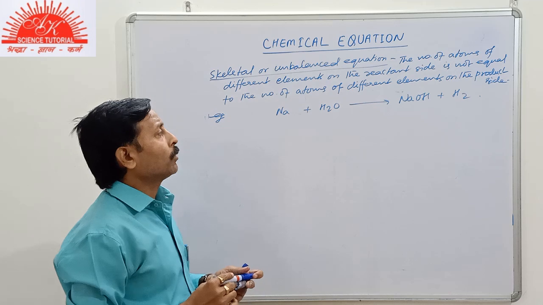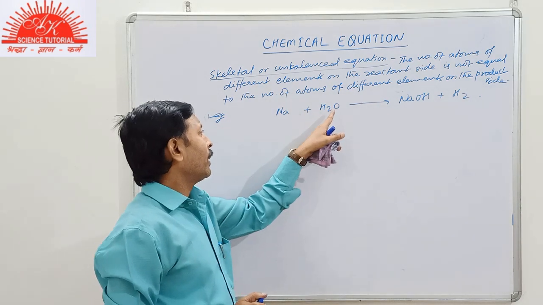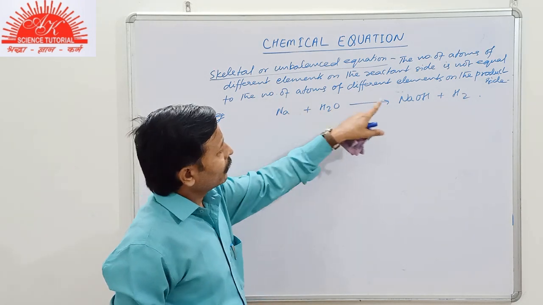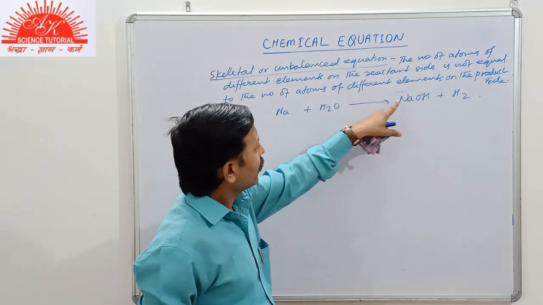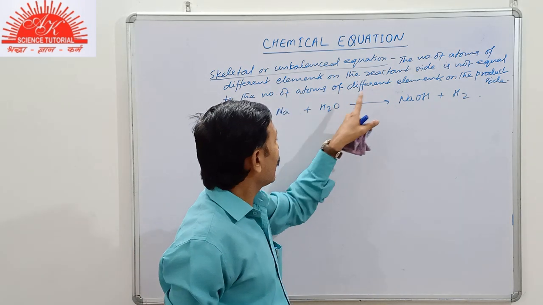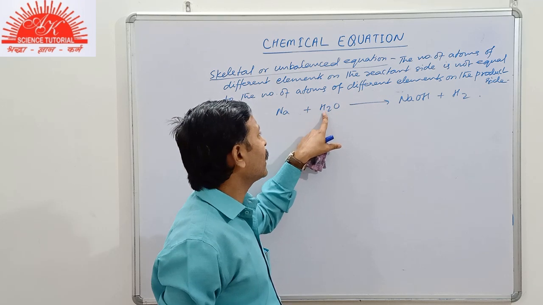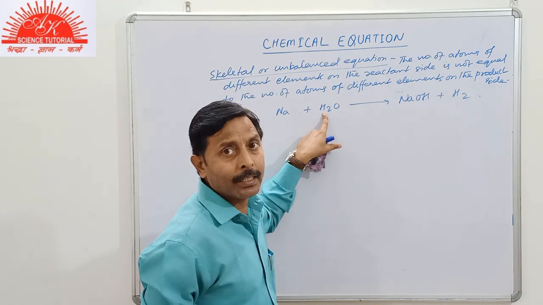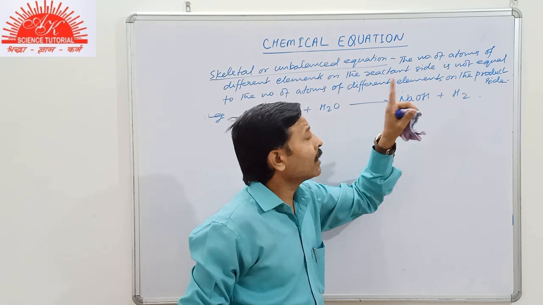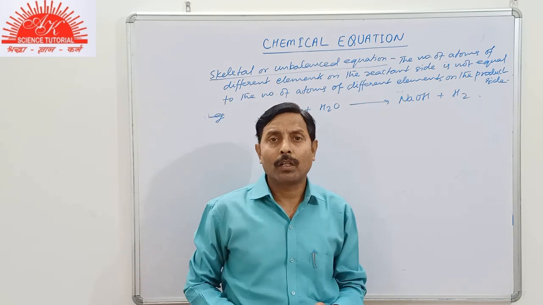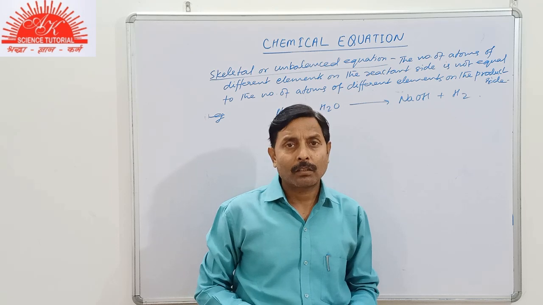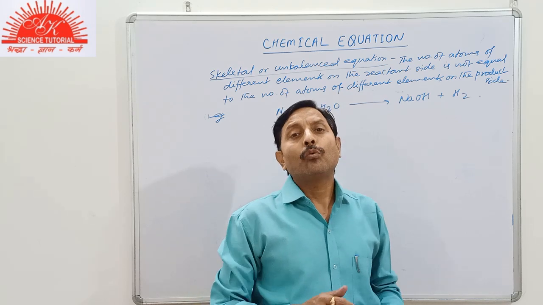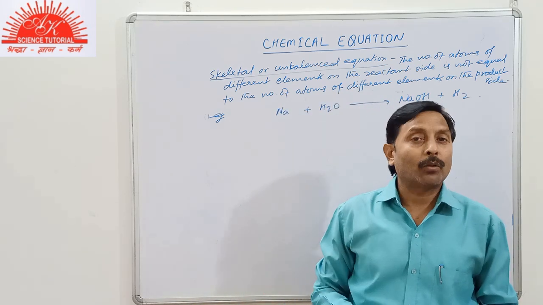Now you see, on the reactant side there is one sodium, and on the product side there is one sodium. There is one oxygen, but hydrogen is 2 atoms on the reactant side and on the product side it is 3. It is not equal, so it is a skeletal equation, an unbalanced equation. Then we need to balance the equation.